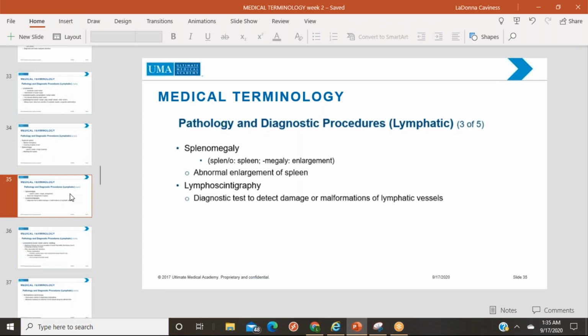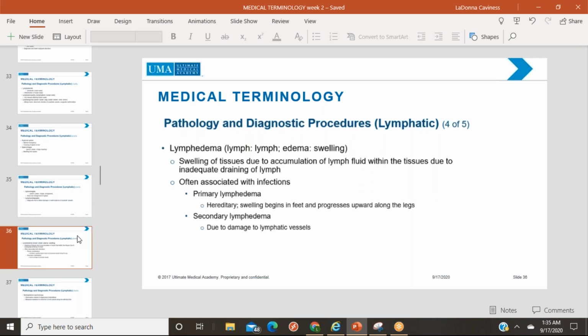Splenomegaly is an abnormal enlargement of the spleen, and lymphoscintigraphy is a diagnostic test to detect damage or malformations in the lymphatic vessels.